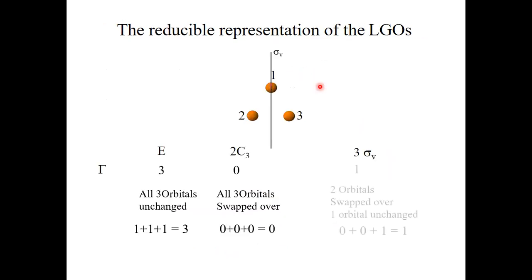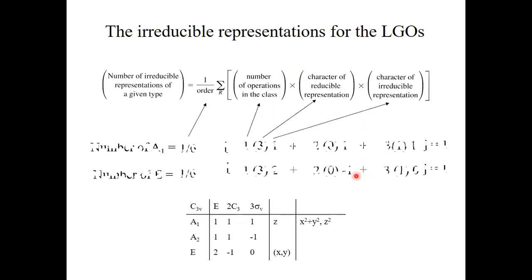Remember, we have determined previously that the character in the reducible representation for sigma V is 1. So 3 times 1, and we have to multiply this now with the character of the irreducible representation. And that character is 1 because the character in the irreducible representation A1 underneath sigma V is 1.